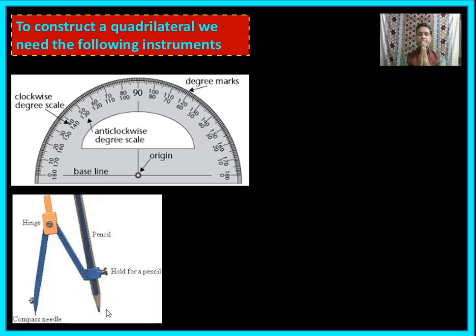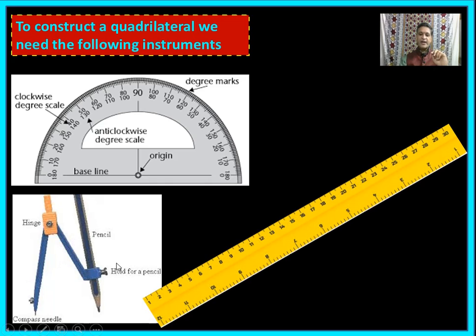If you close the compass and put the needle point and pencil on the table, both are at the same point. Then you have to start by using this. You fit the pencil at that moment, and after that you use this compass.